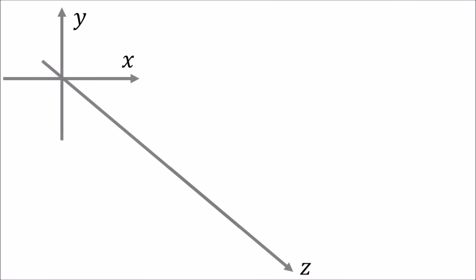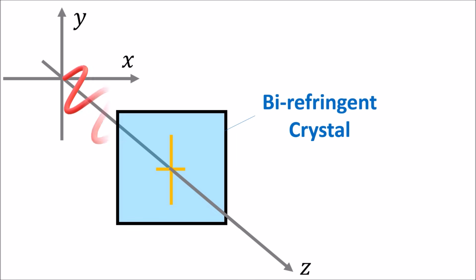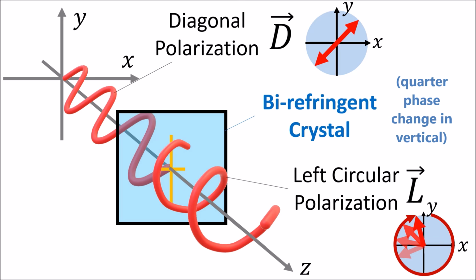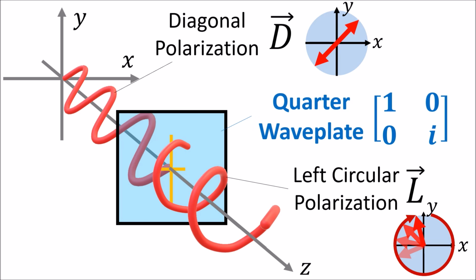For example, let's say we take a birefringent crystal and aim a diagonally polarized wave D towards it, where the horizontal and vertical components are in phase. If the crystal introduces a quarter cycle phase change in the vertical component, then the resulting wave is a left circularly polarized wave L. This crystal that changes the vertical polarization by a quarter cycle is called a quarter wave plate, and it is represented by this matrix here.